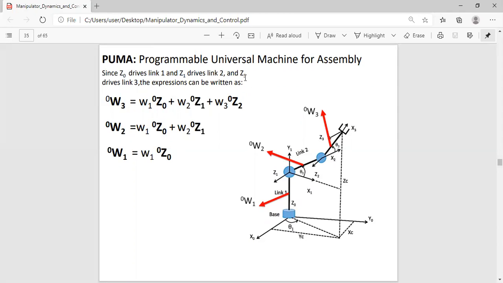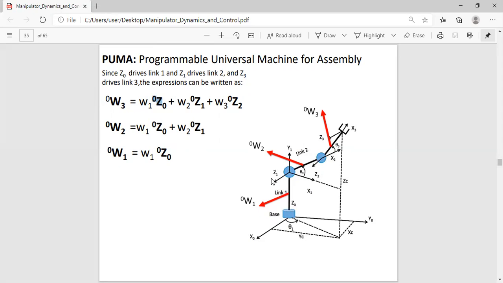So here that should be Z2, so Z2 will drive link 3. Why? Because the first link is rotated about the ground by Z0, so Z0 has to be fixed. Then you rotate the second link about the first link, so it's about Z1. This is how the DH convention works.